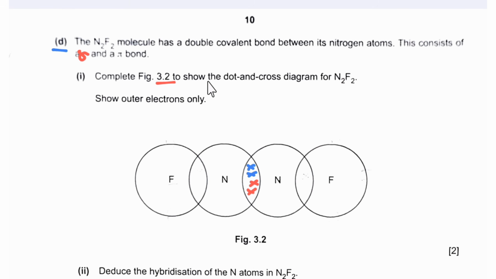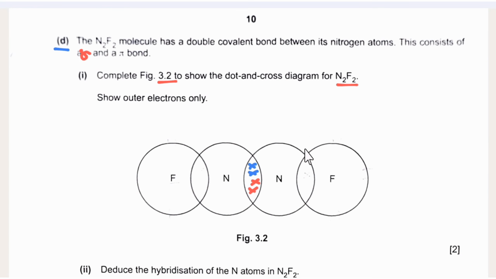Complete figure 3.2 to show the dot and cross diagram of N2F2, showing outer electrons only. Fluorine is in group 7, so it has 7 outer electrons.